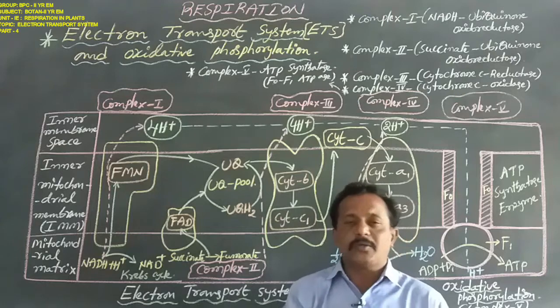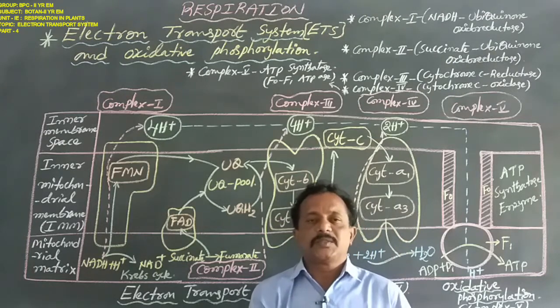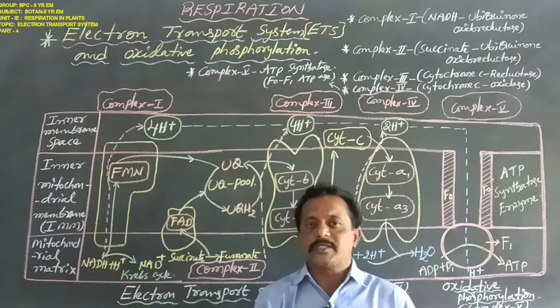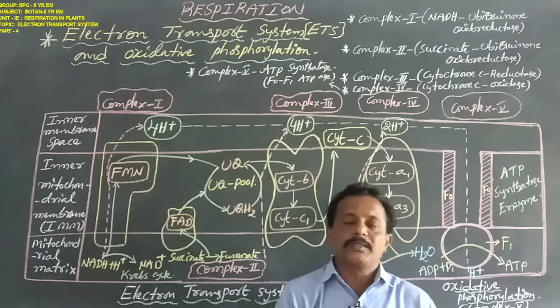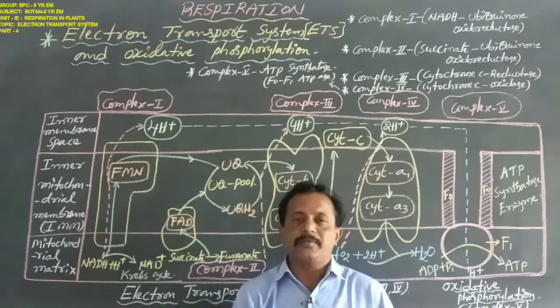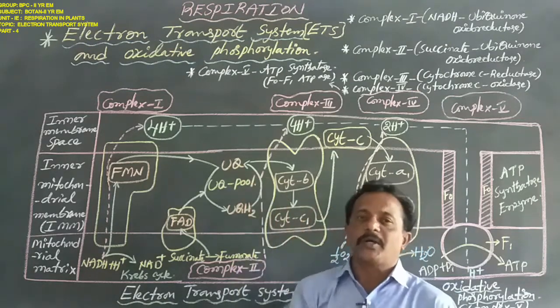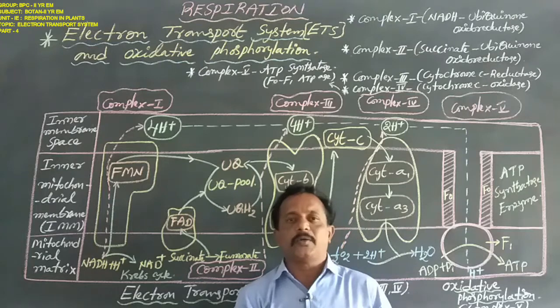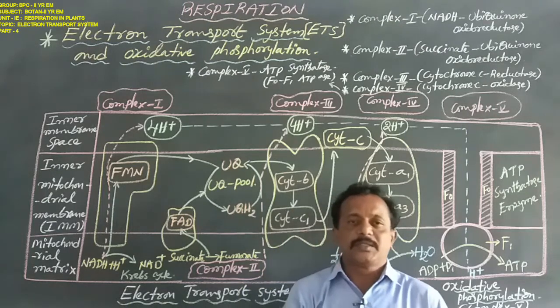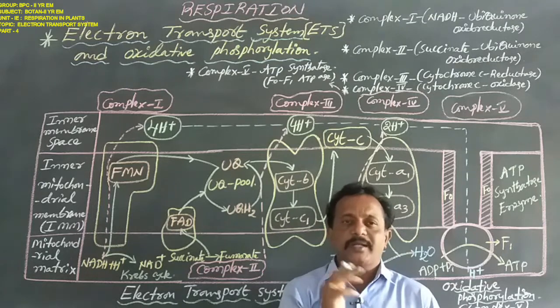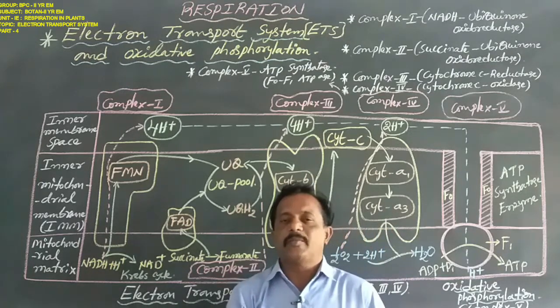That is the electron transport system in chloroplast for photosynthesis, and this is the electron transport system in mitochondria for respiration. Don't confuse them. Electron transport systems are present in chloroplast, and electron transport systems are present in mitochondria.